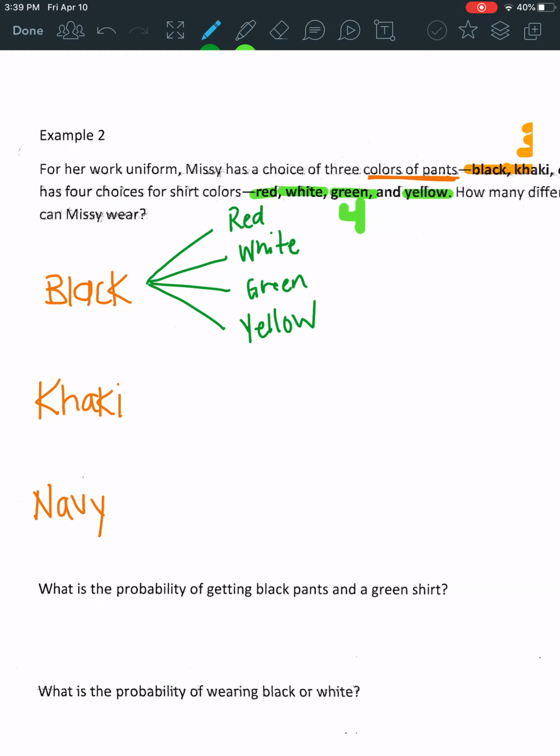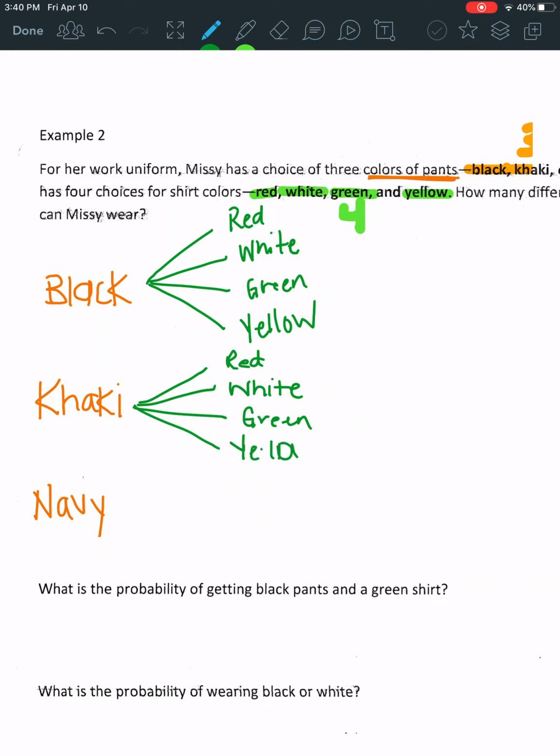Let's say she didn't choose black pants. Instead, she chose khaki pants. What would her color of shirts be then? Well, they're still going to be the same 4 color shirts. She could choose red, white, green, or yellow.